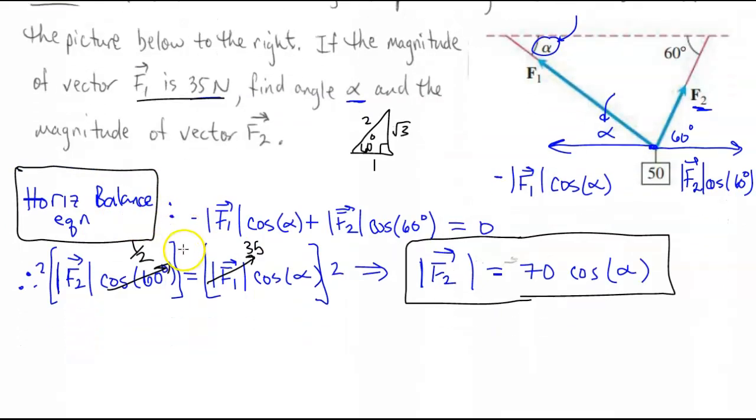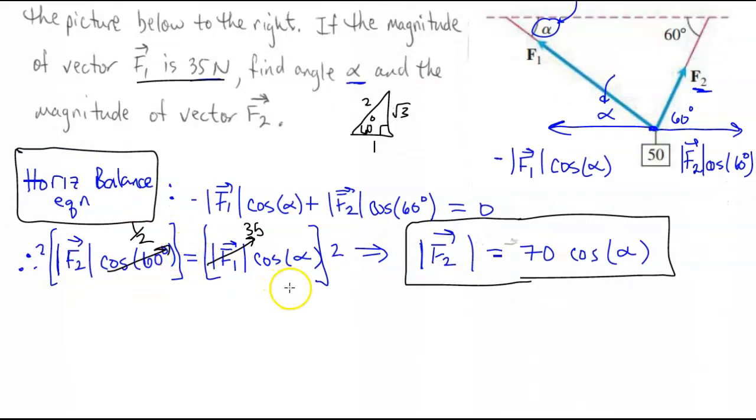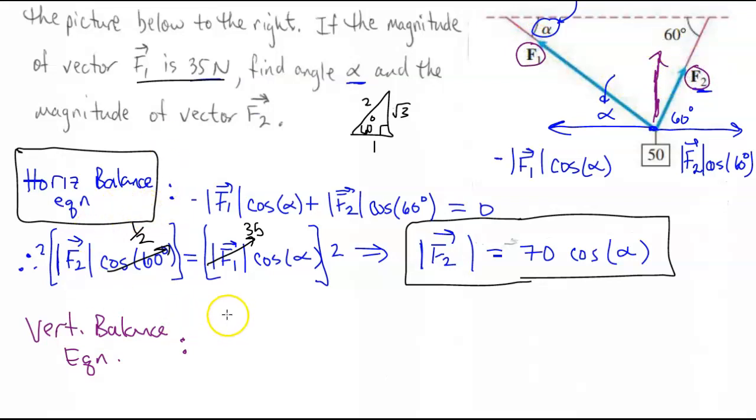So now we're going to do the same thing, but look at the forces vertically and balance those out. So we have our vertical balance equation. If we look here from a vertical standpoint, we know that in the positive y direction, we're going to have a sum of the component of both the force F1 and F2.